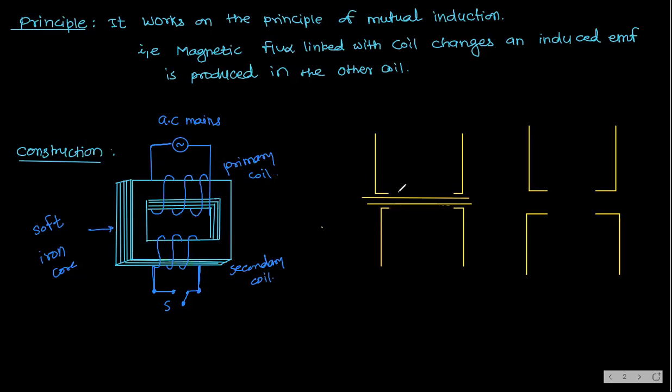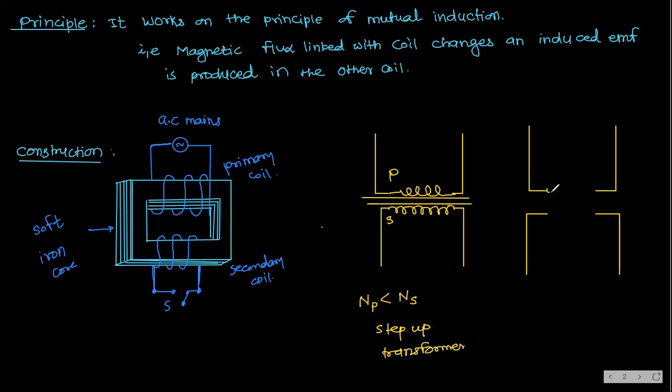What is the basic difference? You will understand now. See here. Which one is this? This is primary coil, P. This is secondary. Number of turns in primary are less than number of turns in secondary, or you can say number of turns in secondary are more as compared with primary. That's why this is step up transformer.